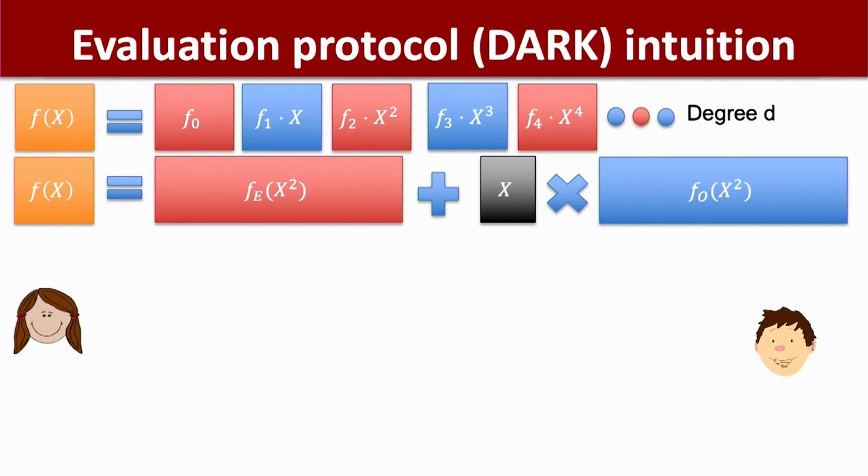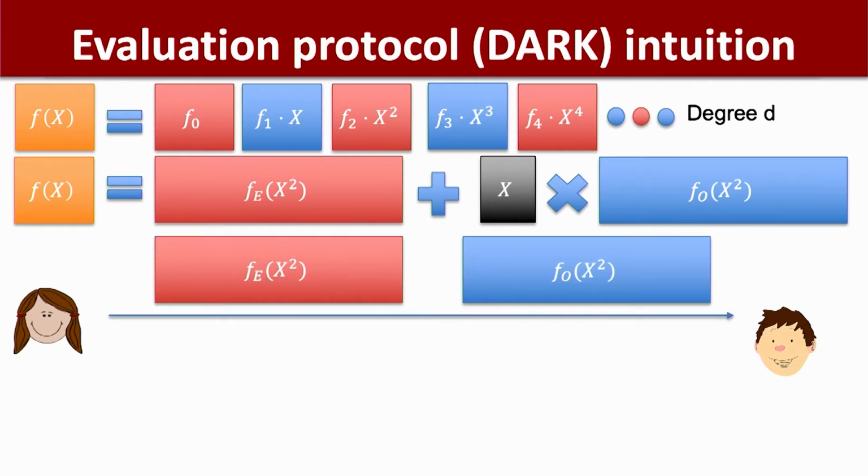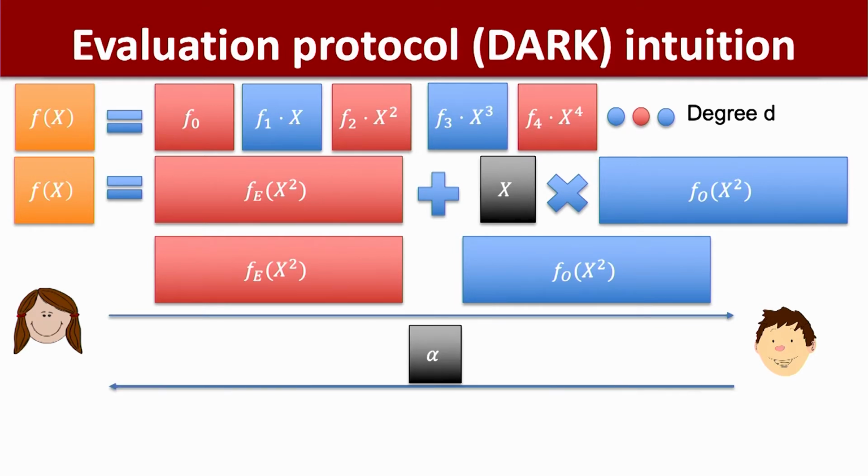And f even and f odd are degree d over 2 polynomials. I started with a degree d polynomial, and now I have two polynomials of degree d over 2. The prover will send these polynomials to the verifier. The verifier will send a random challenge alpha.